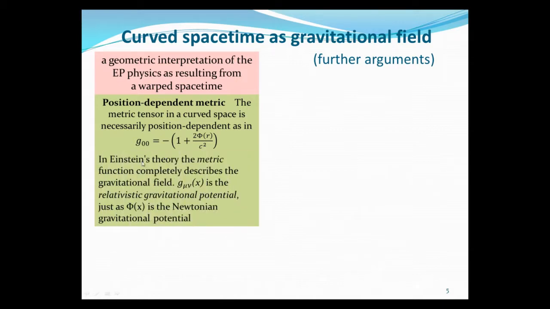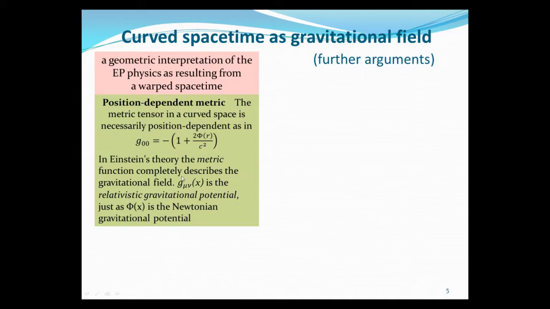In fact, in Einstein's theory, the metric function, g mu nu, completely describes the gravitational field. So really we can view this g mu nu as the relativistic version of the gravitational potential, just like phi is the Newtonian gravitational potential. But you notice in Newtonian theory, the gravitational potential is only one component.